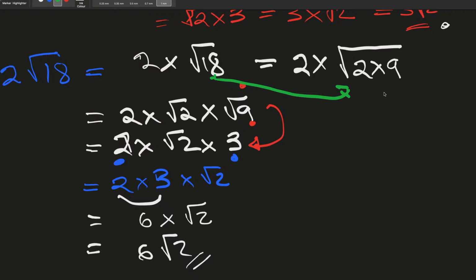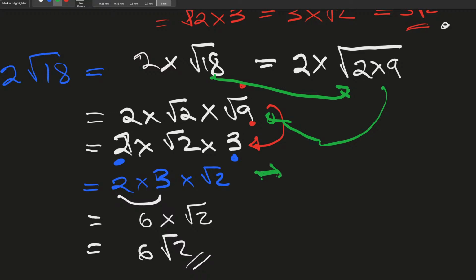This, we expanded this to this, and we say this now be root 2 times root 9. And we know that, so this is 2 times surd of 2, and the square root of 9 is 3. So we place it here, and after that we'll group the like terms.